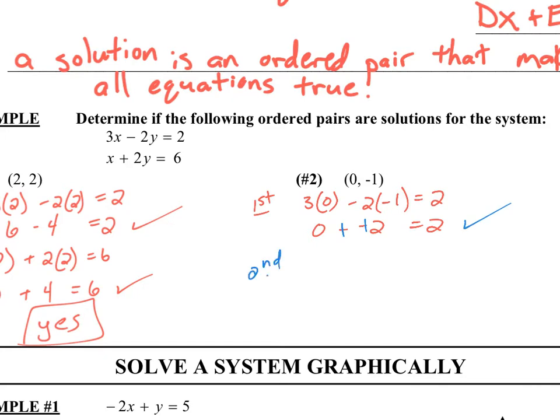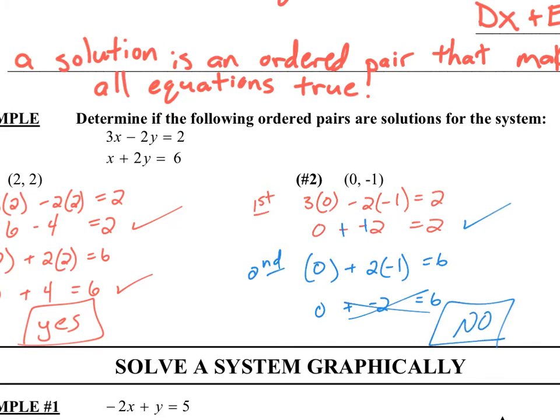Then take the second equation, 0 plus 2 times negative 1. Does that equal 6? Does 0 plus negative 2 equal 6? No. So is this a solution to the system? No. It's a solution of the first equation, but not a solution of the system. So it's got to make all of them true.